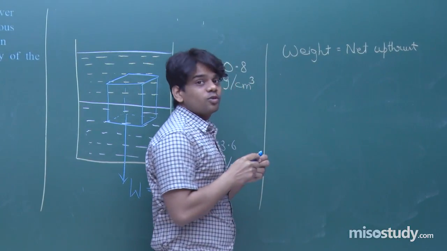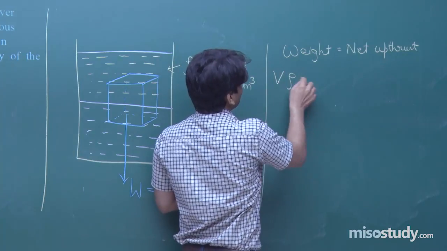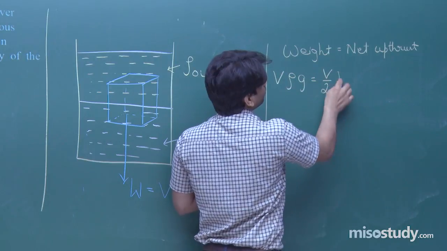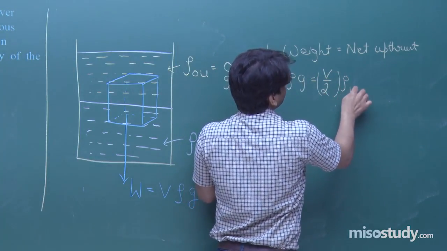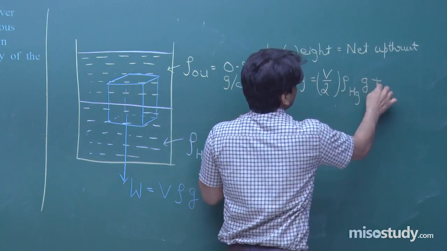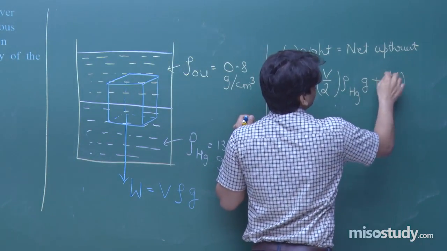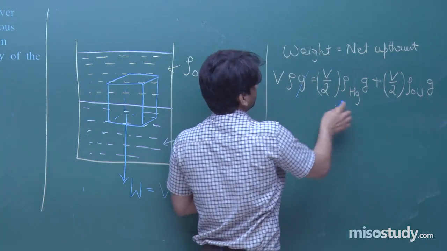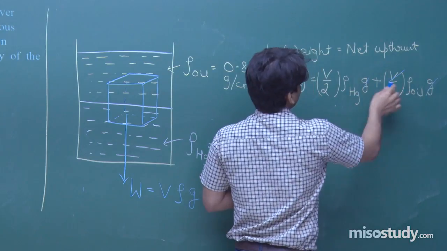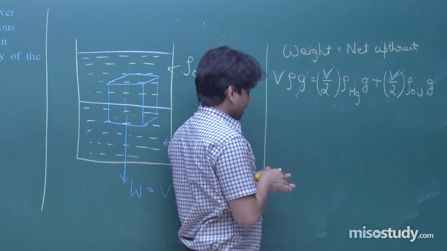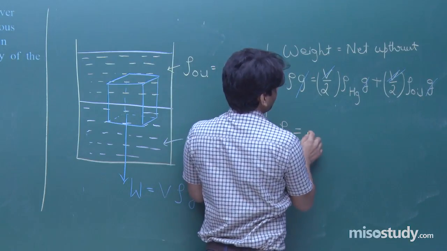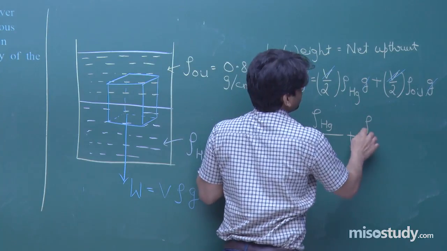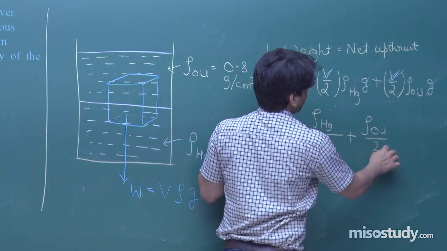From here, weight, which is volume into density into gravity, is equal to upthrust due to mercury, V by 2 into density of mercury into G, plus V by 2 into density of oil into G. Clearly you can cancel out this G term, you can cancel out this V, and you will get the density of the substance equal to half of density of mercury plus half of density of oil.